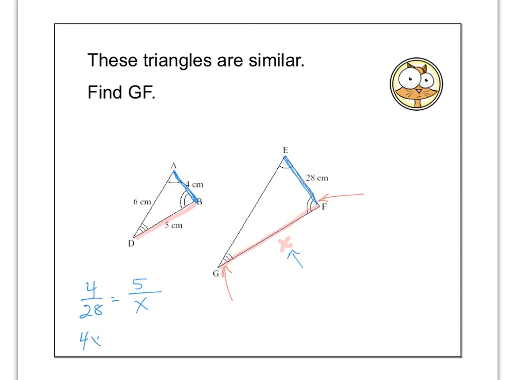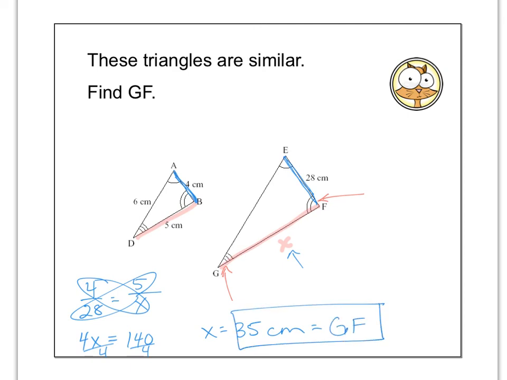You get 4 times x. Now I have to do 28 times 5, which is 140. Divide by 4, and x equals 35. And it would be centimeters. So in other words, GF is 35 centimeters.